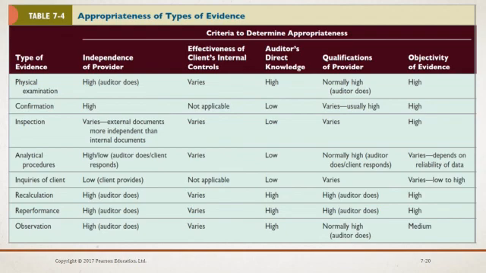The effectiveness of the client's internal control has a significant influence on the reliability of most types of audit evidence, especially internal documentation and analytical procedures. Also, physical examination and recalculation involve the auditor's direct knowledge and are likely to be highly reliable. Inquiry alone is usually not sufficient to provide appropriate evidence to satisfy an audit objective.